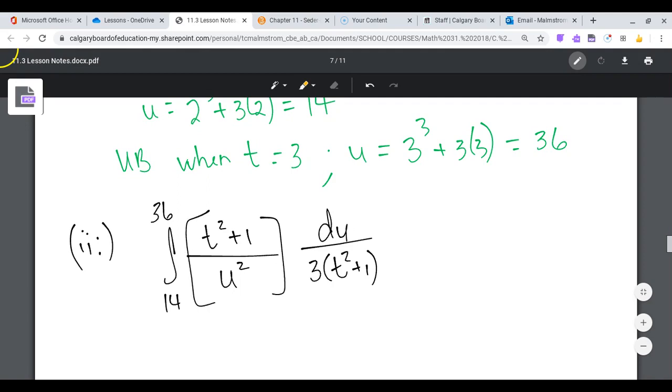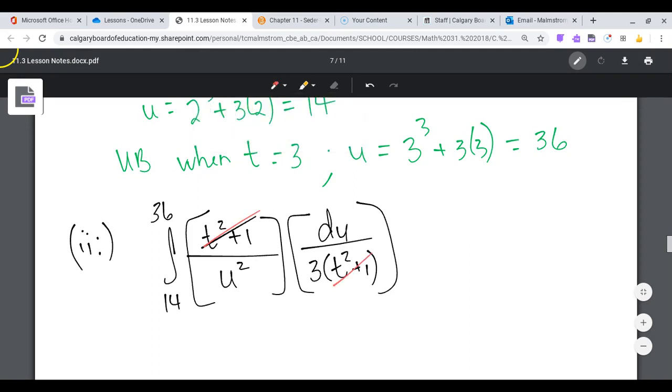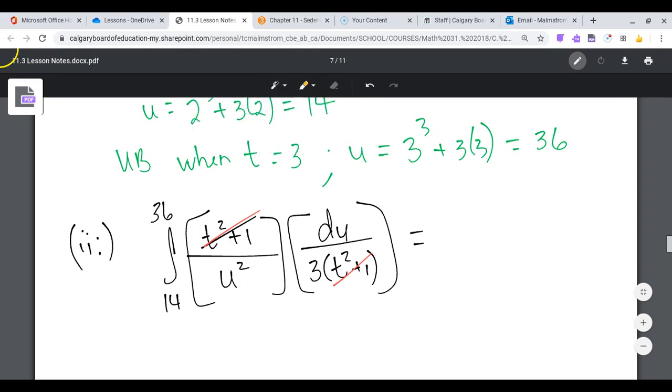And my t squared plus 1 is going to cancel. That's the point of the substitution rule. And then what am I left with? I have a 3 on the bottom, so I'm going to factor that out as a 1/3. And I'm going to be needing to take the integral of u to the power of -2, bring that up to the top in terms of u.